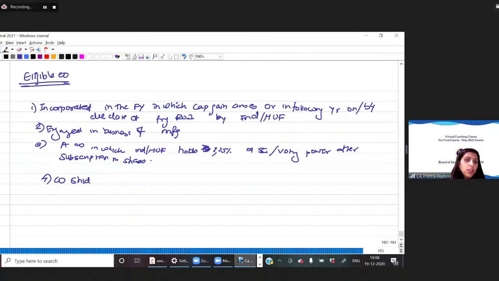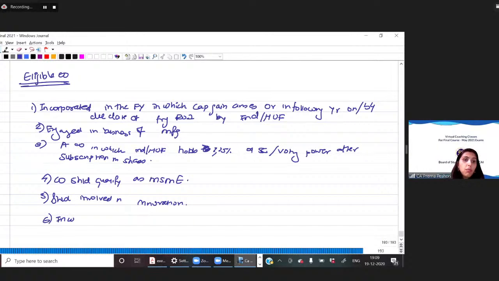Company should qualify as micro, small and medium enterprise, MSME. The company should be involved in innovation or technology driven processes.